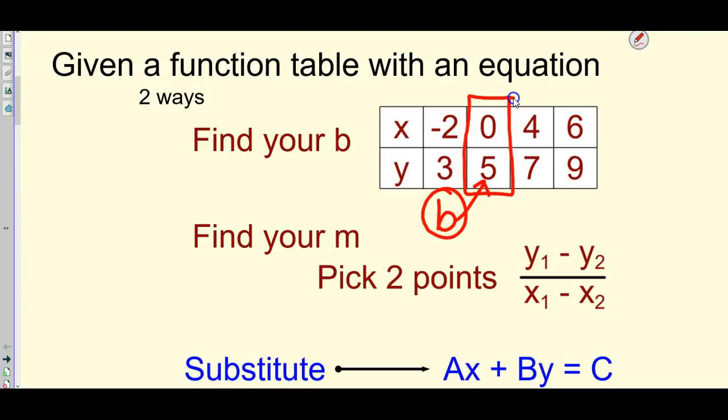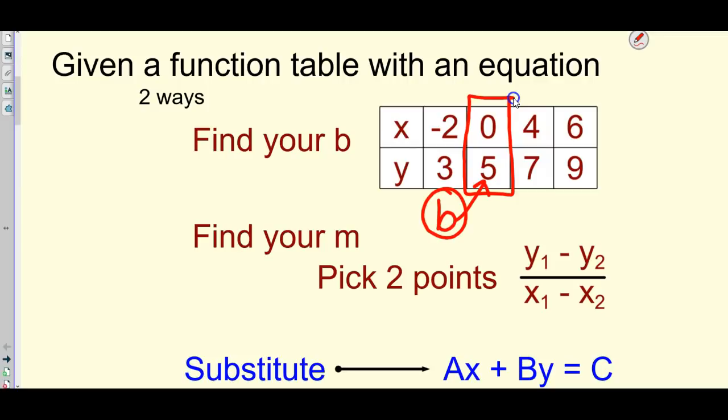So you have half of your equation. You could look at your graph if there's a function table along with the graph. Look for the 0 in the x. Y is your b.